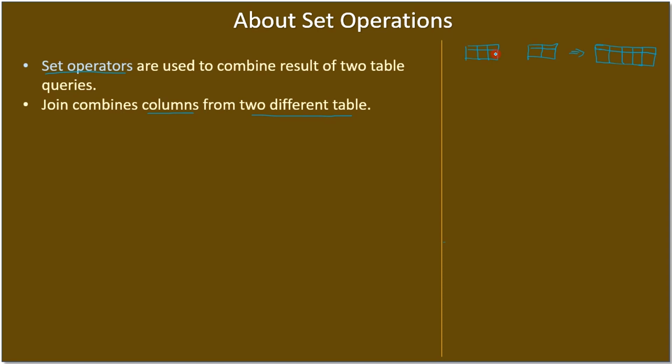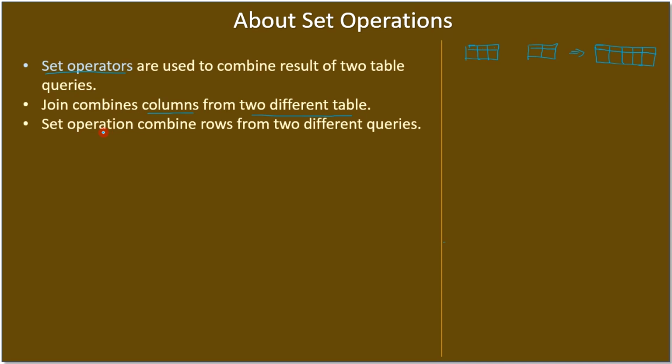You specify a join column, then all five columns from the two tables can be combined into one single table. So that's the table join.